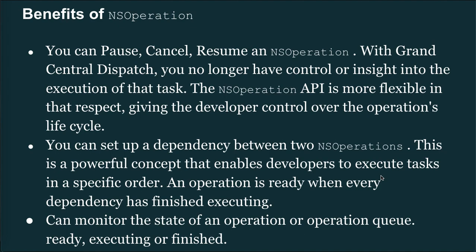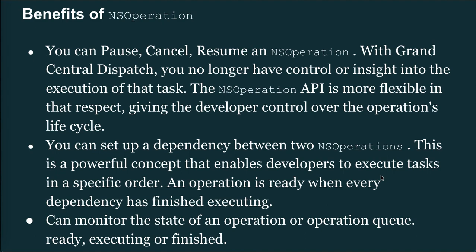You can set up a dependency between two NSOperations. This is a powerful concept that enables developers to execute tasks in a specific order. An operation is ready when every dependency has finished executing.